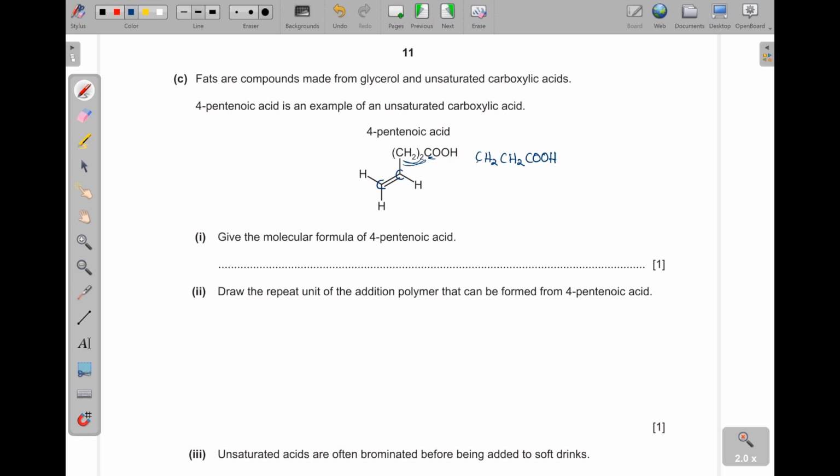Then you bring this carbon here, then the hydrogen, then a double bond here, like that. So how many carbons? 1, 2, 3, 4, 5. So there are 5 carbon atoms. How about hydrogens? 1, 3, 5, 6, 7, 8. So those are 8, and then oxygens are 2. And that is the molecular formula.